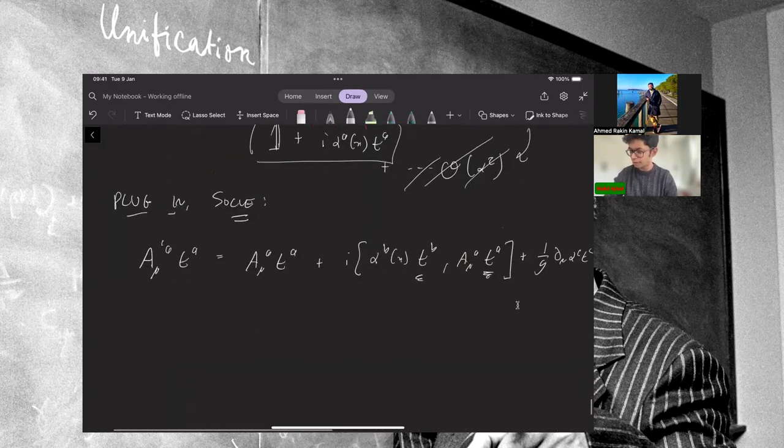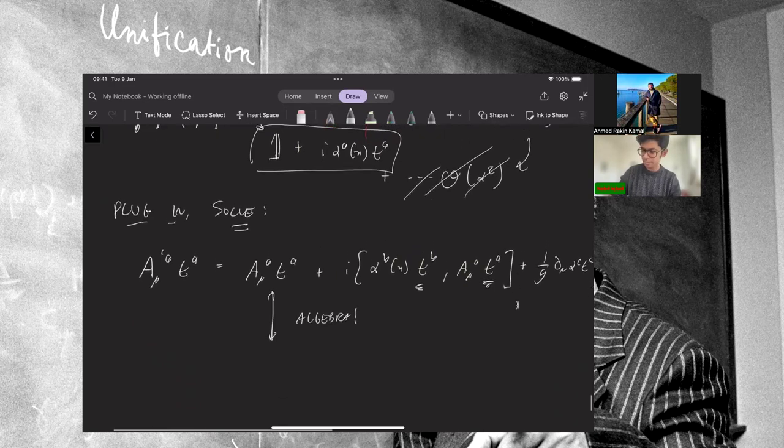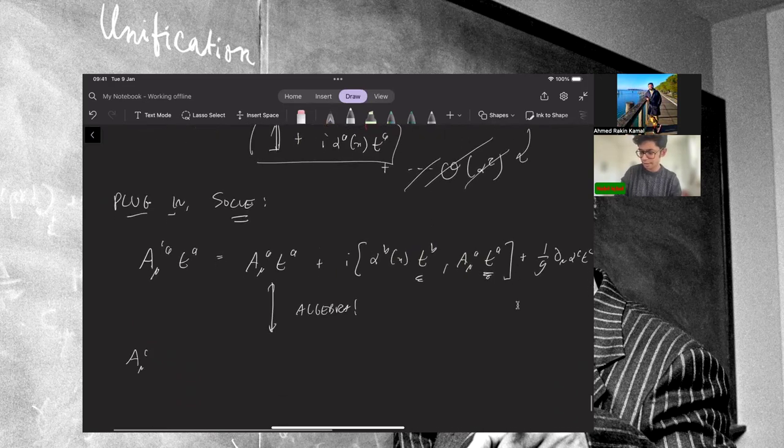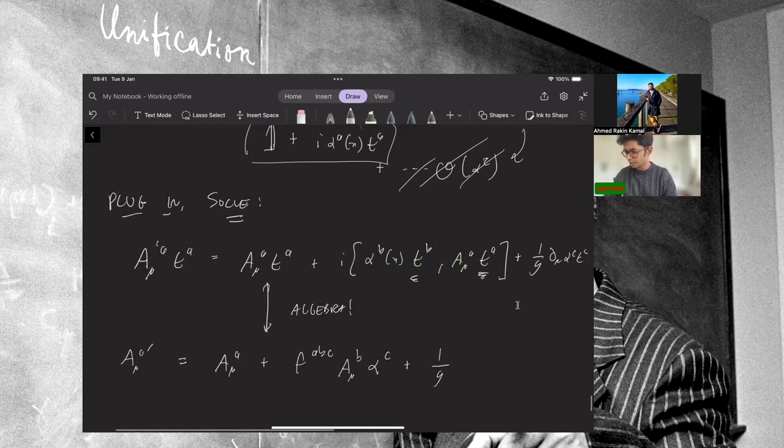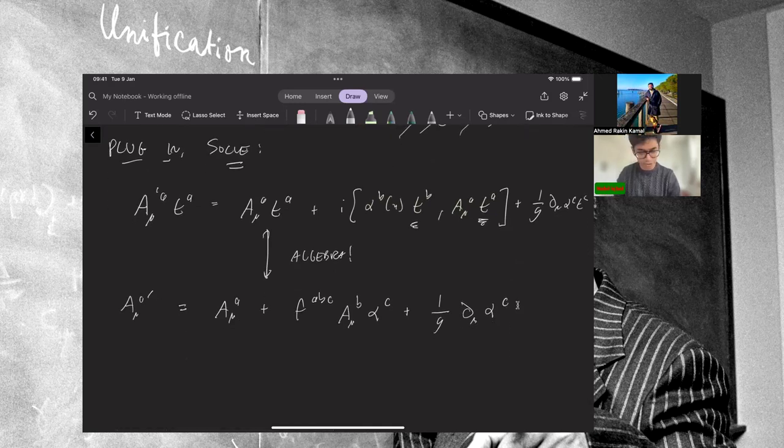And what we find after yet more algebra is that a mu a prime equals a mu a plus f abc a mu b alpha c plus 1 over g partial mu alpha a.